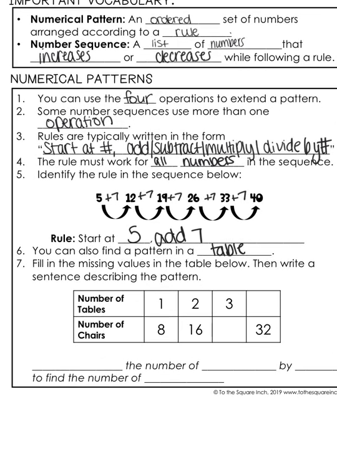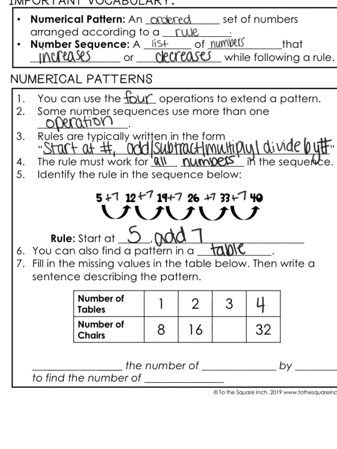We have the number of tables, 1, 2, 3, well, what would be next? 4, right? And then for the number of chairs, 8, and then 16. And then for my fourth table, it's 32. So my third table, well, think about it. I had 1 and 8, 2 and 16.